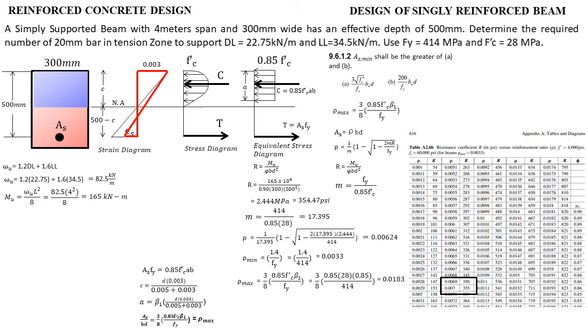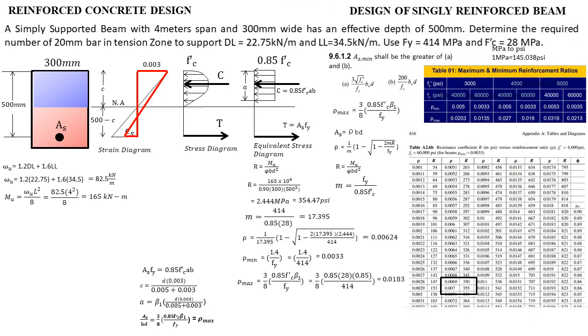na maximum. So kung napapansin natin, ang raw na nasolve natin kanina is 0.00624. Okay, and then above minimum siya, and also below maximum. It means nasa range siya ng minimum and maximum. Okay, gumawa din tayo ng table to simplify.